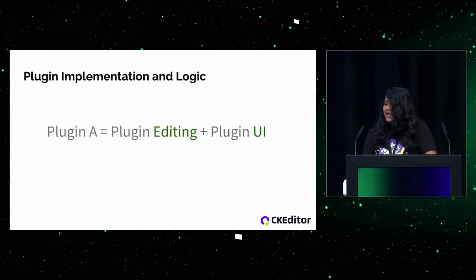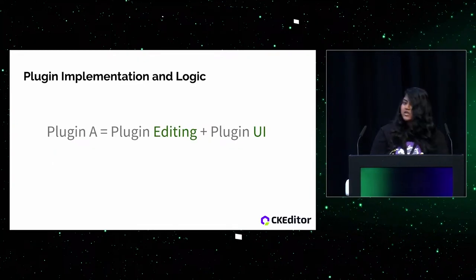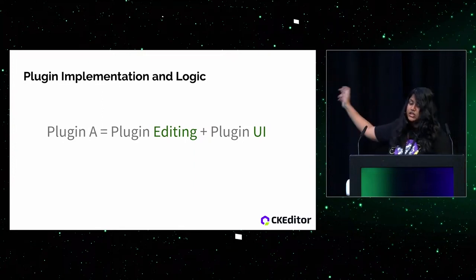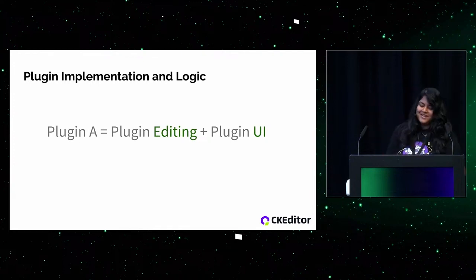So the plugin implementation can be pretty straightforward, but it's important to understand that there are two aspects to it. There's a plugin editing aspect and a plugin UI aspect. Actually, in this talk, I probably should have switched that around, but the UI aspect is what we'll first talk about.